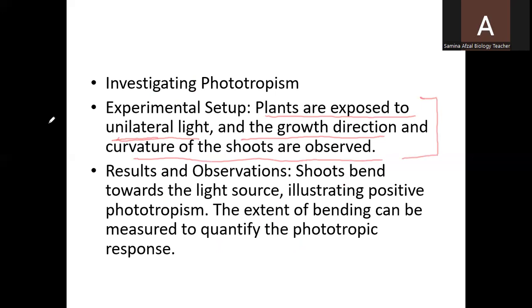Results and observations: shoots bend towards the light source, illustrating positive phototropism. The extent of bending can be measured to quantify the phototropic response. We can observe all this in the next slide, in which the experimental setup has been shown.